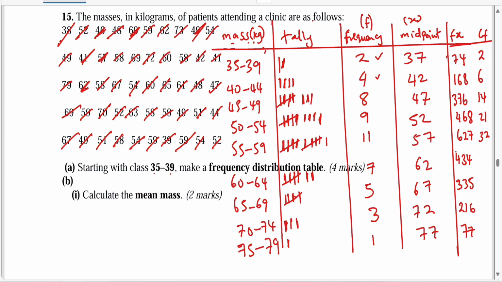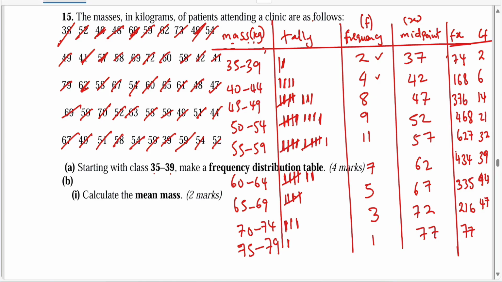Okay, 32 plus 7, 39. 39 plus 5 is 44. Okay, 44 plus 3, 47. And 48.